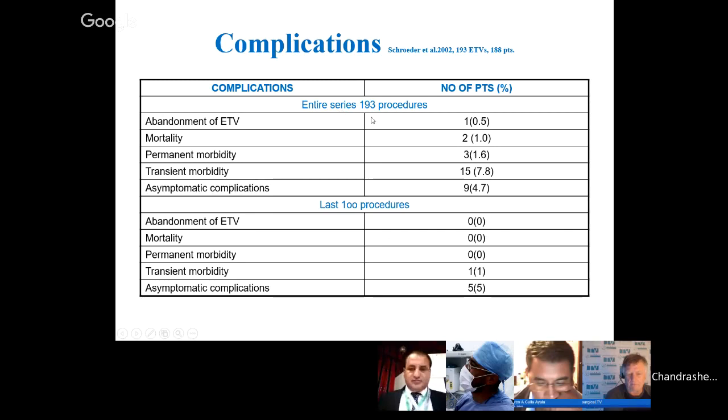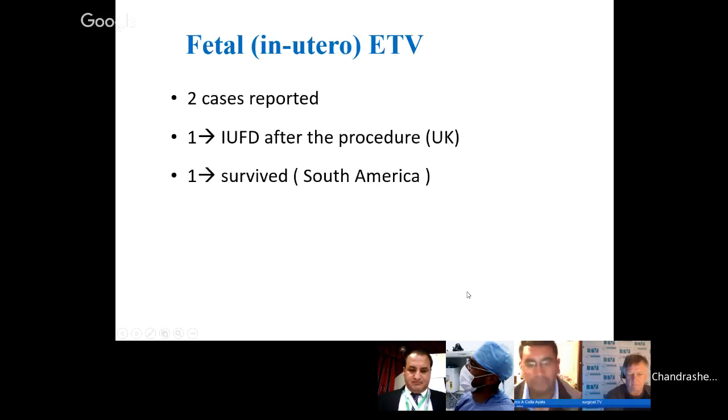In their first series of 193 patients, they had up to 15% morbidity and about 9% asymptomatic complications, while in the last 100 procedures, it has come down to almost 1% morbidity and less than 5% asymptomatic complications. People have tried to do in utero ETV, which has not been very successful.